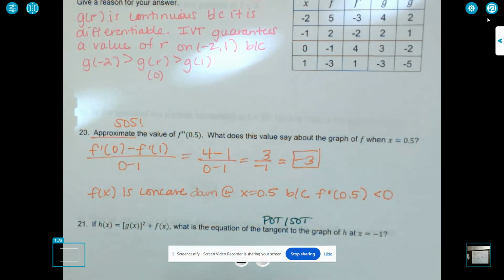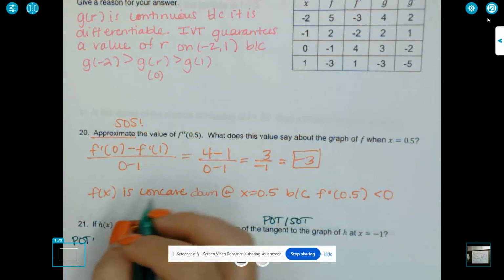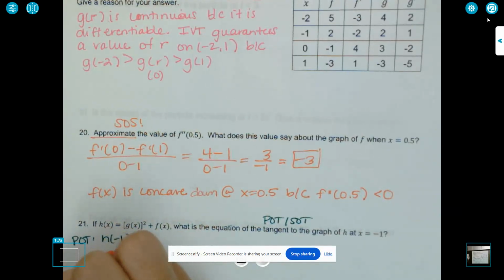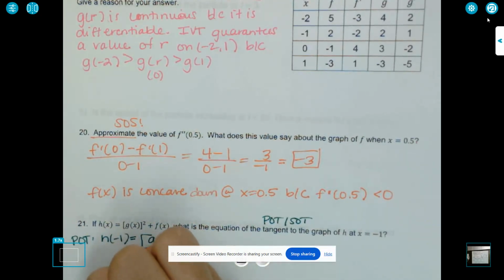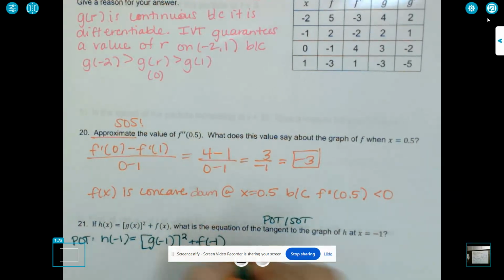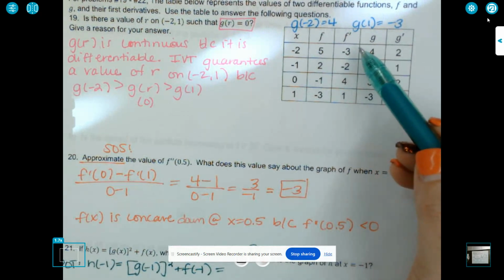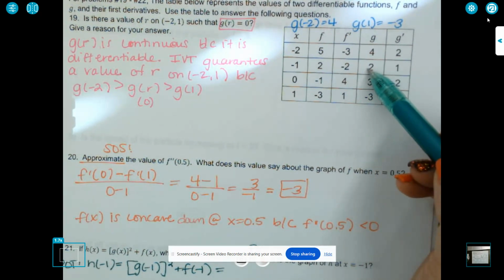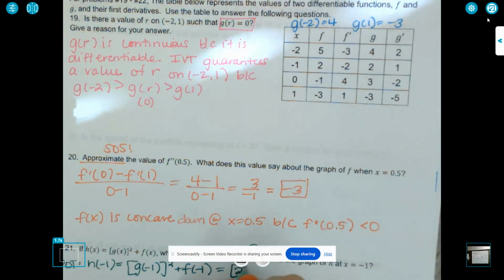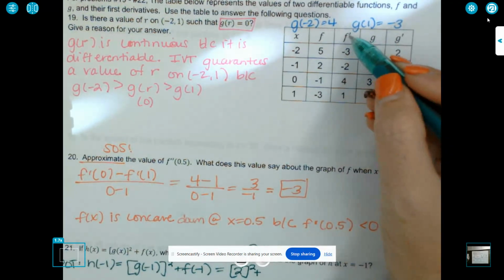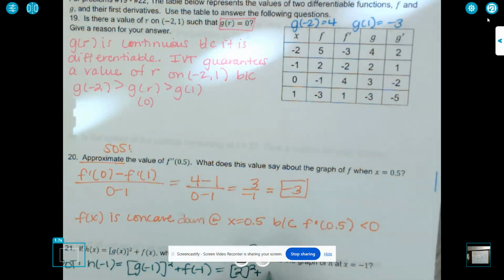So for our pot, we're going to do h of -1, which equals g of -1 squared plus f of -1. g of -1 is 2, so that's 4, plus f of -1 is 2. So 4 plus 2 is 6, making my ordered pair -1, 6 for my pot.